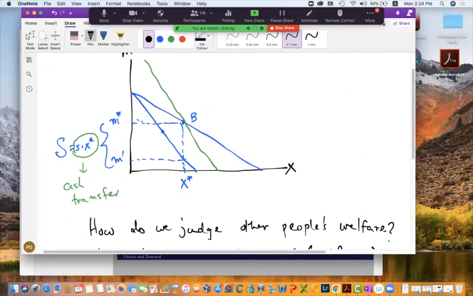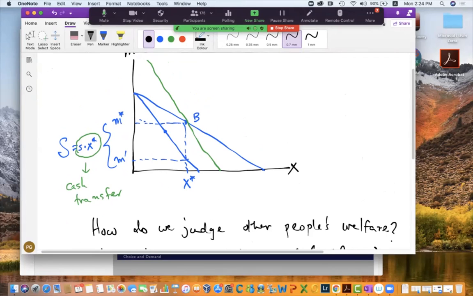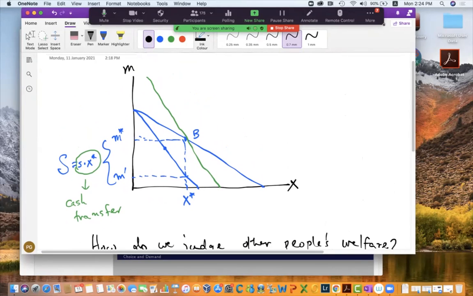So if you take a welfarist posture, then the argument that I just spelled out is valid for you. Then you shouldn't abandon the subsidy program and move to cash transfers, because by the recipient's own reckoning, that'll allow him to move to a higher utility value.